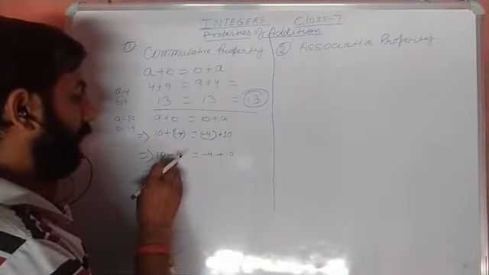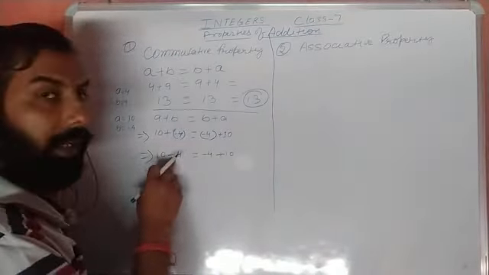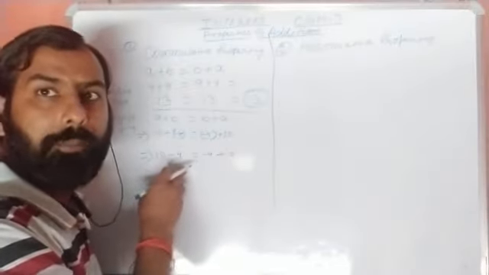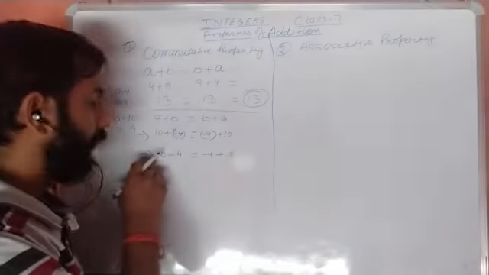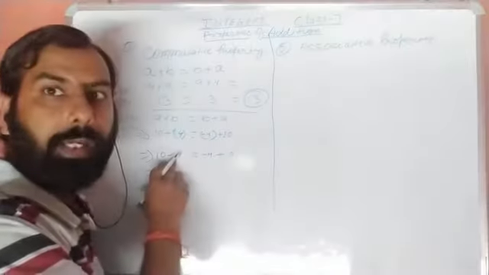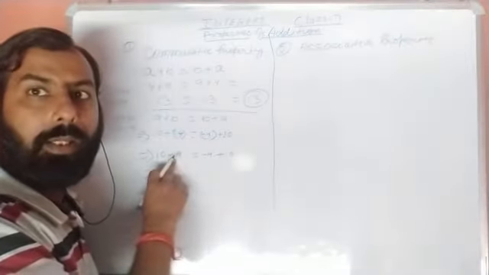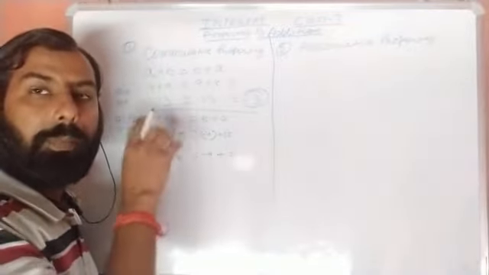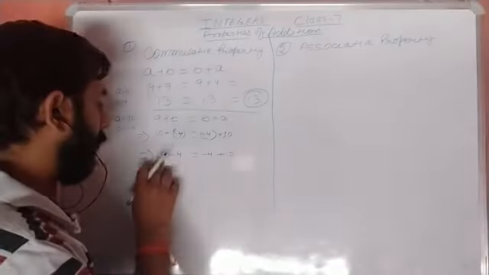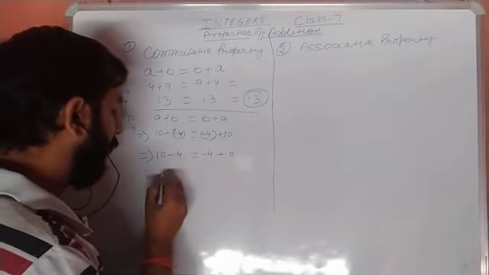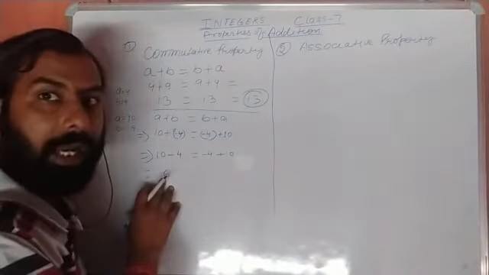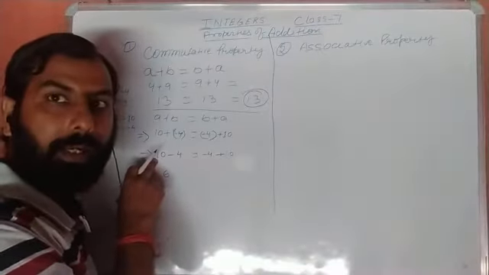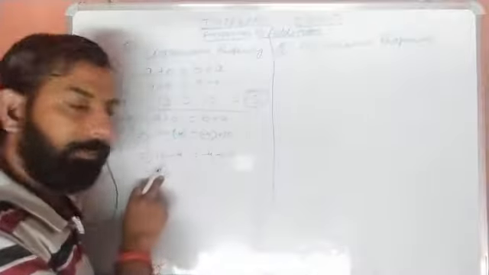Here is plus 10, here is minus 4. It means we have to subtract the smaller number from the bigger number. So 10 minus 4 will be 6, and the sign will be of the bigger number. The bigger number is plus 10, so it will be plus.